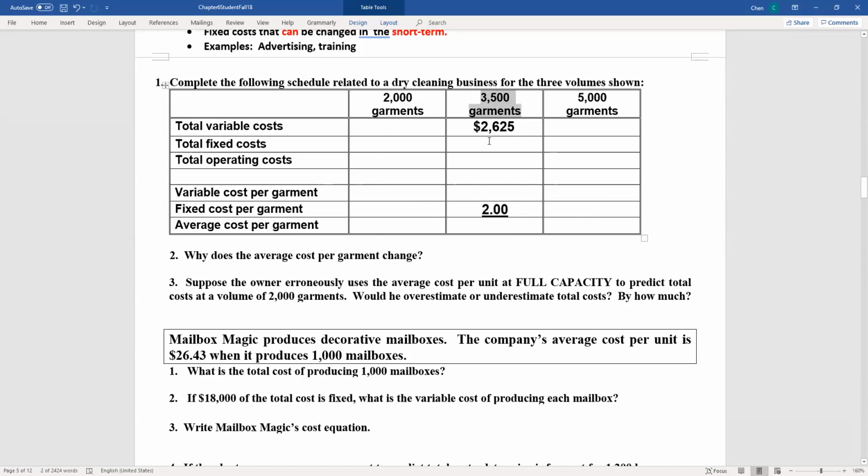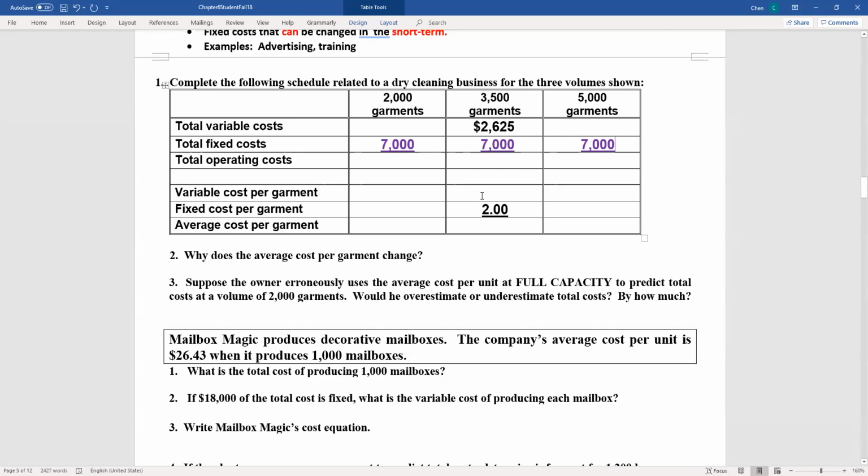Then what is your total fixed cost here? It will be $2 times 3,500, so it's 7,000. As soon as you have a total fixed cost, you know that total fixed cost will stay constant. So that means total fixed cost will be 7,000 for all the other activity volumes.